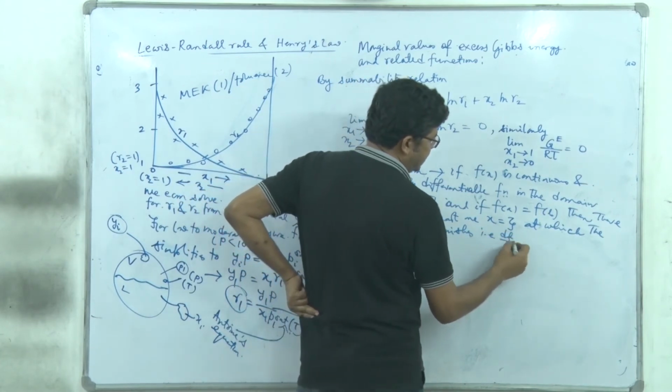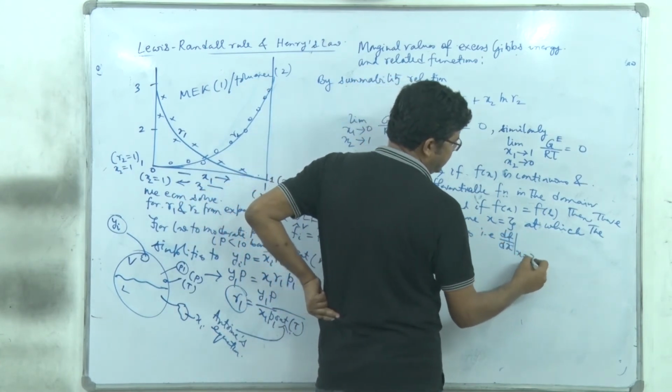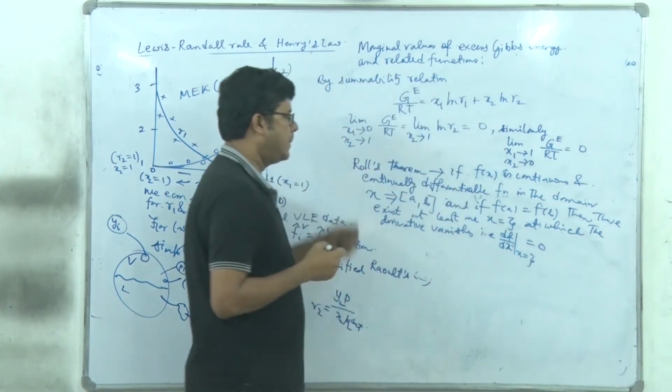That is df/dx at x equal to zeta equal to 0.